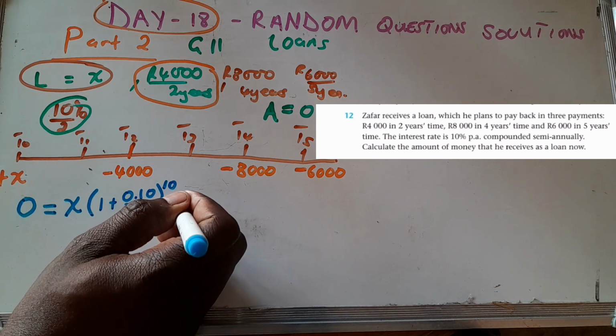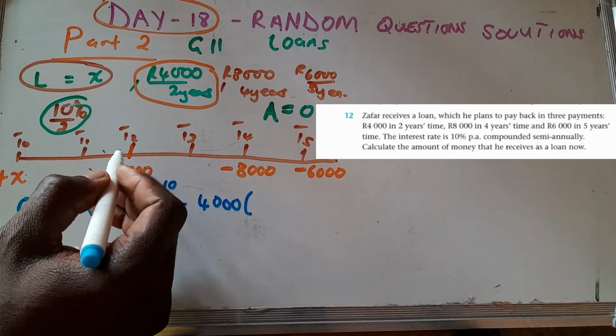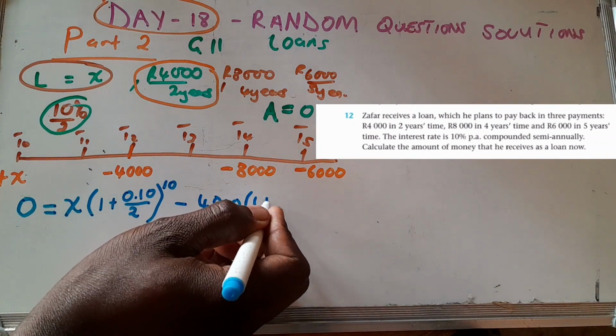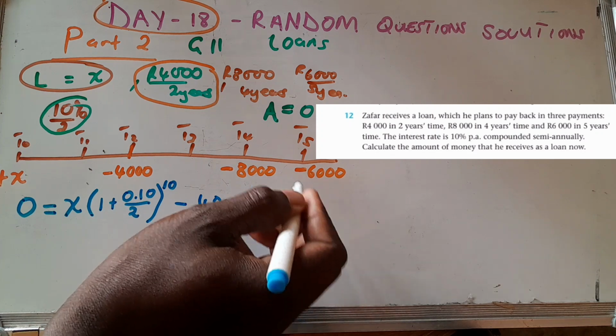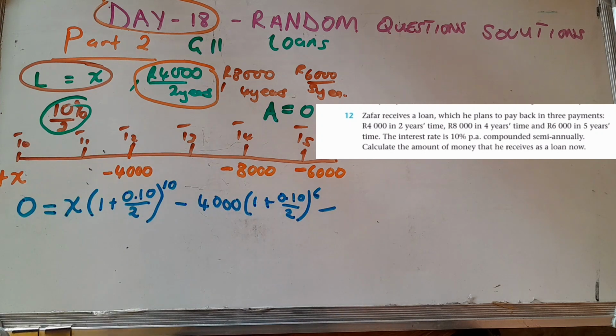And then we can say minus 4,000, which stayed for how long? 1, 2, 3 years. So 1 plus 0.10 divided by 2, and then 3 times 2 giving us 6. Also minus, now we are going to the 8,000.